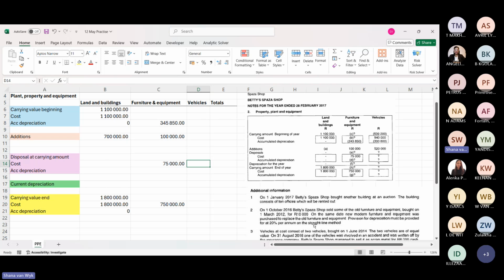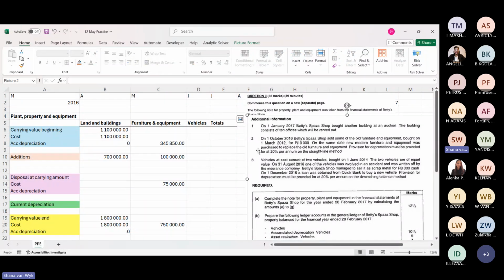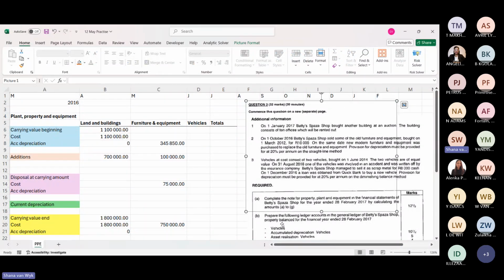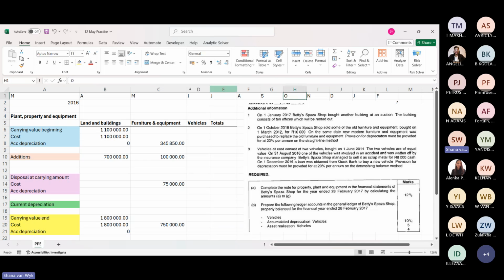Depreciation straight line method. Okay. So let me just move this up. Straight line method, 1 October, there we go. We know how much they sold.